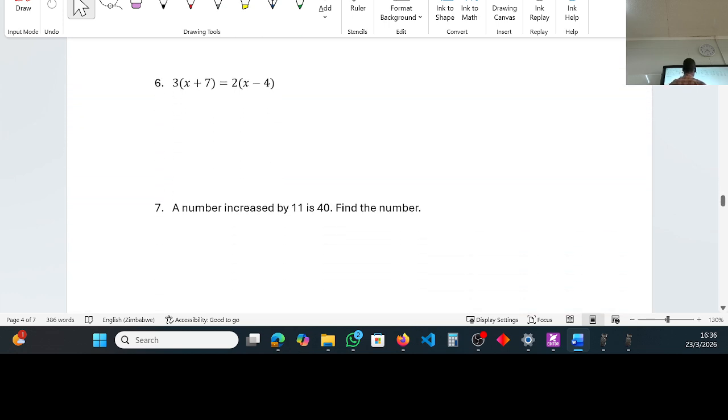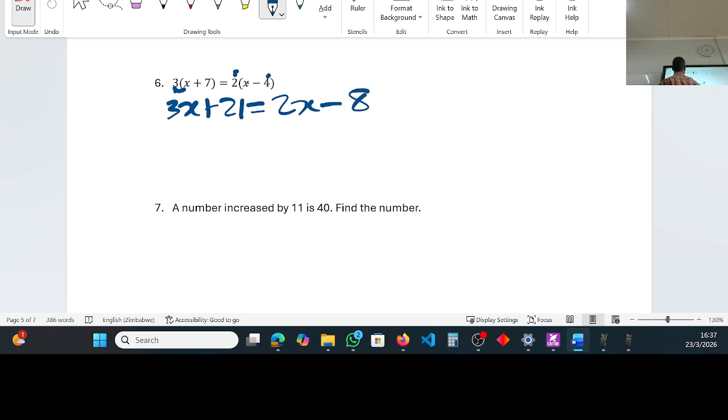Right, moving to the next problem. I want to look for the value of x, so I'll start by expanding brackets on both sides so that I can group like terms together. So when I say 3 times x, it gives me 3x plus 3 times 7, that's 21, equal to 2 times x, that's 2x, 2 times 4, that's minus 8. Now I'm grouping like terms together.